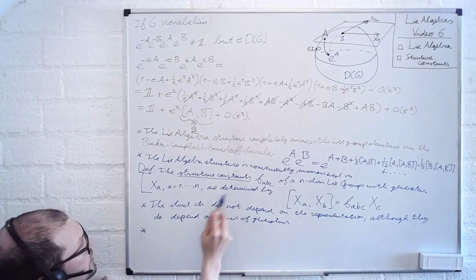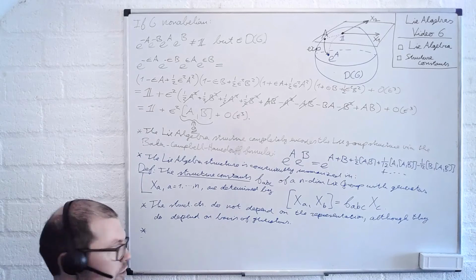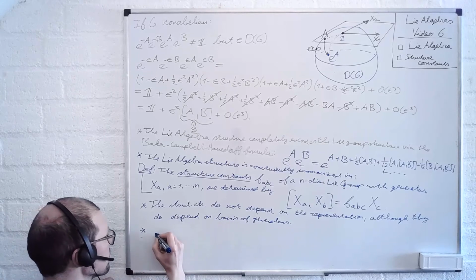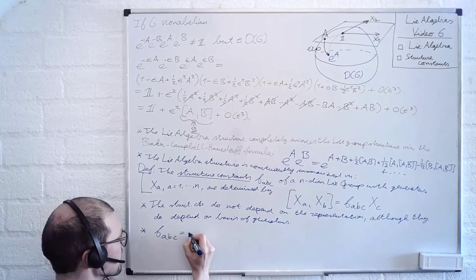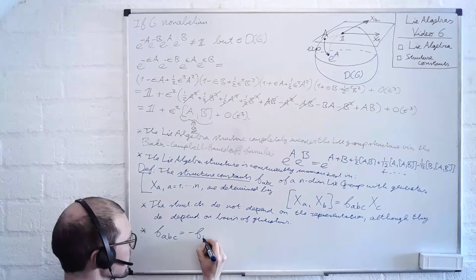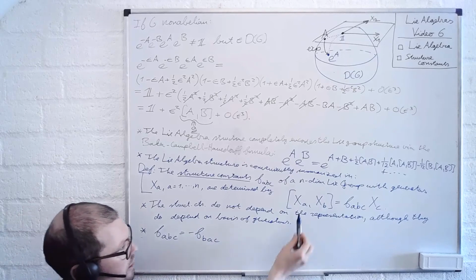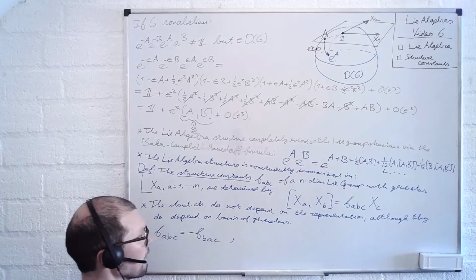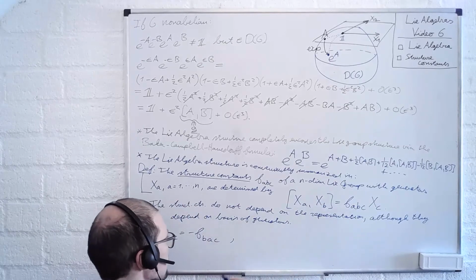So there are 2 properties of the structure constants that one can read off directly from the definition of the Lie algebra. The first one is that they are antisymmetric in the first 2 indices, which is just saying that the Lie bracket is antisymmetric. And also the Jacobi identity says something non-trivial about the structure constants.